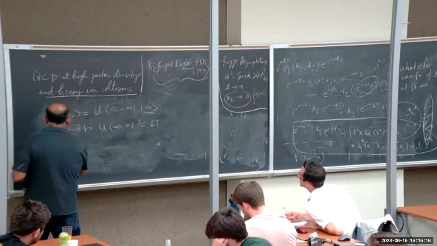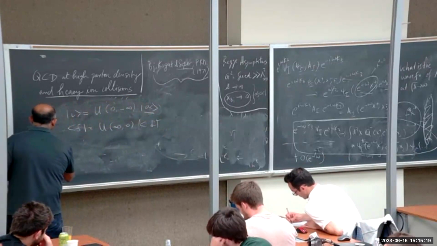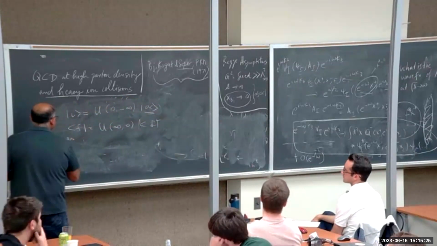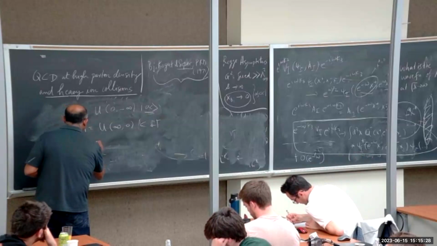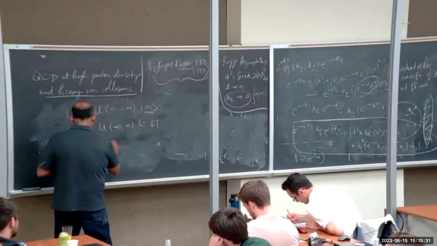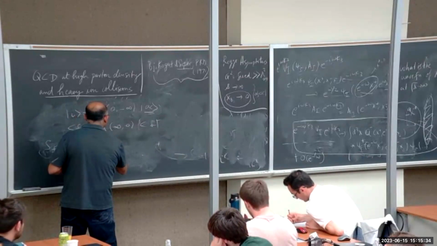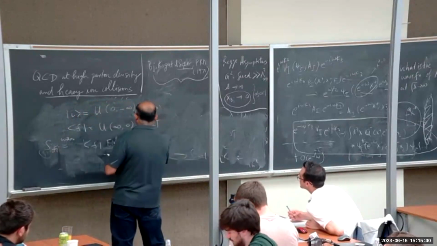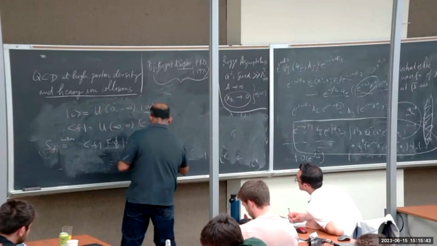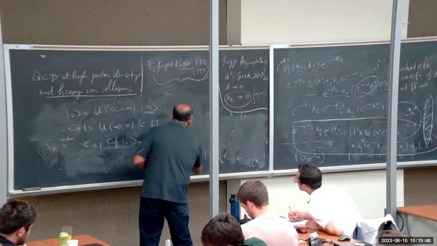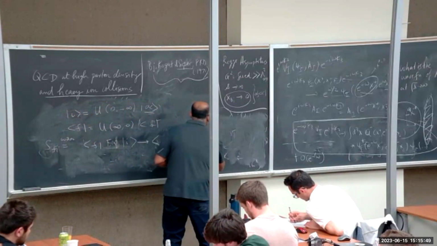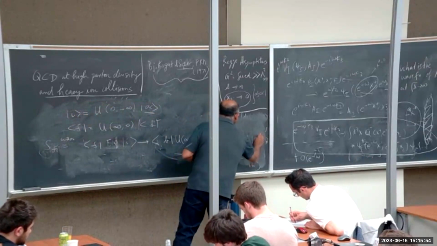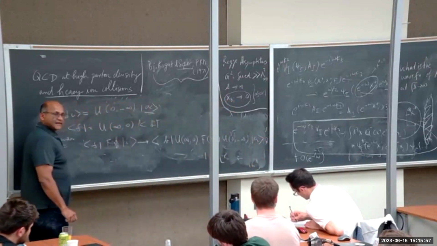Remember that I said S of F I, in the high energy limit where omega went to infinity, could be written as this two-dimensional function F of x perp. If I plug this in, it becomes a bare state with unitary evolution from minus infinity to 0, F of x perp, and then from 0 to plus infinity of another bare state. This is the essence of factorization.